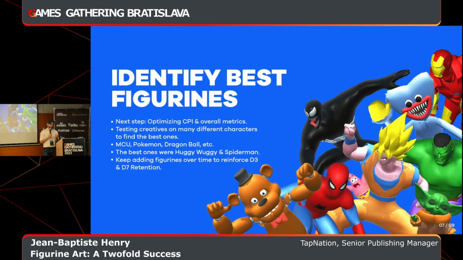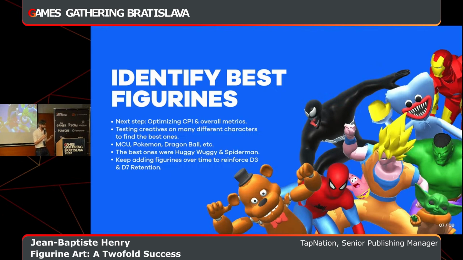Once that was done, it was all about polishing before launch, iterating on creatives, finding the exact figurines that appealed the most to the user base, finding the best sweet spot for CPI, and also optimizing the game flow, how long each phase took to do. And in the end, Huggy Wuggy and Spider-Man were the big winners of this polishing of the creatives.